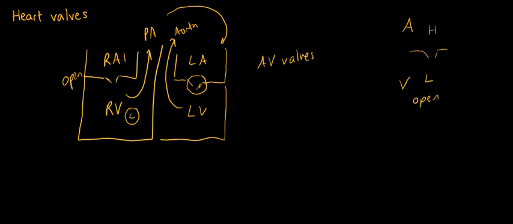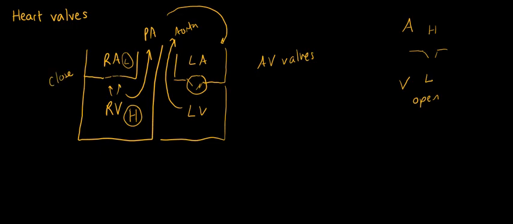Then what's going to happen is, as blood rushes from the right atrium into the right ventricle, as the right ventricle contracts, I'm then going to have a higher pressure in the right ventricle than I have in the right atrium, which is now going to be lower. And so in this scenario, the blood is not going to be able to return, as the valves are only able to open in one direction, so the valve will close.